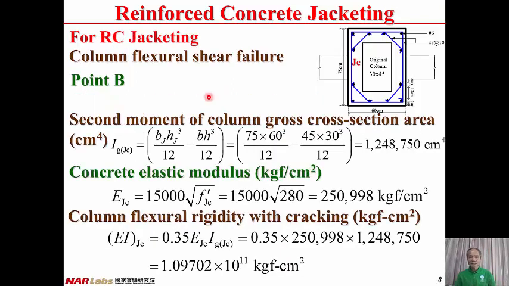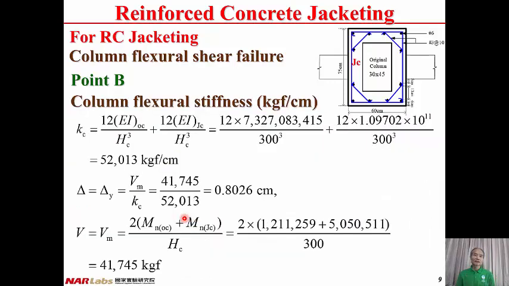After reinforced concrete jacketing, for point B, that's the second moment of the column cross-section area after jacketing, equal to something like that. And the elastic modulus of the jacket equal to something like that. And the compressive strength is increased from 190 to 280. And the flexural rigidity of the concrete equal to something like that.